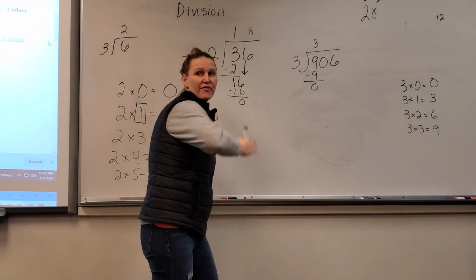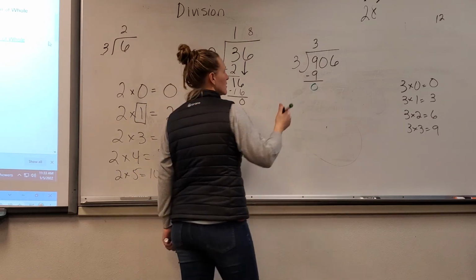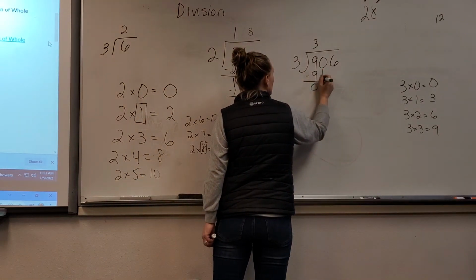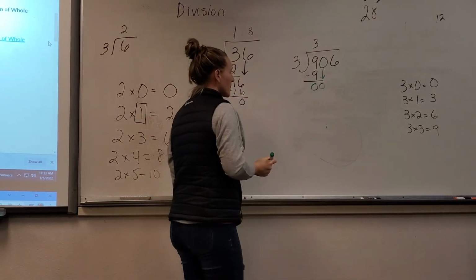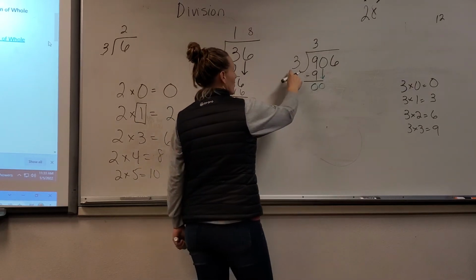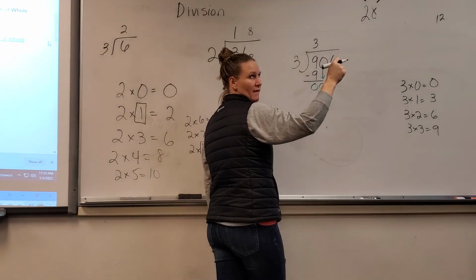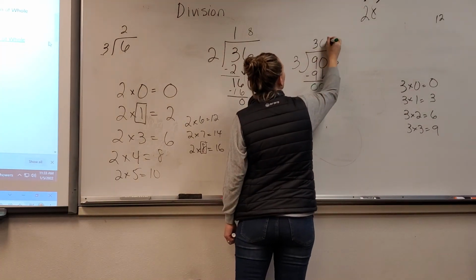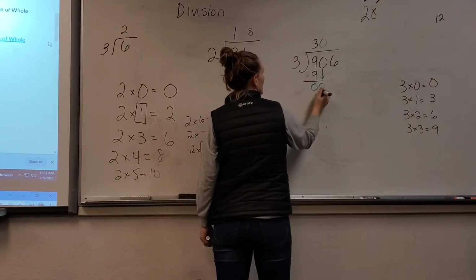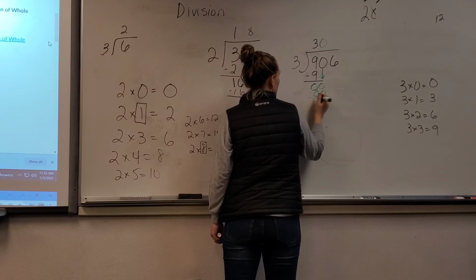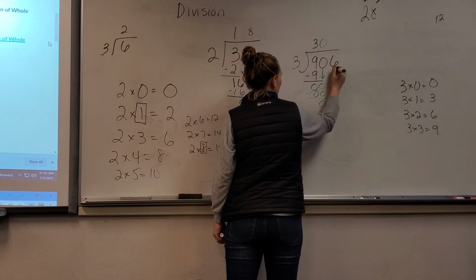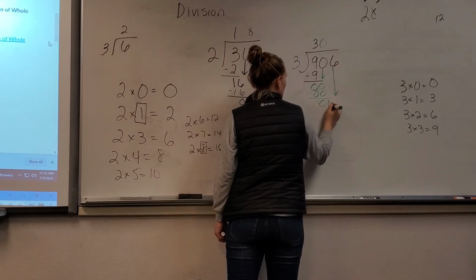So I bring down the very next number, which is 0. So now I have to multiply 3 by something and get 0. So 3 times 0. 0. Fantastic. I subtract. I bring down the next number, which is 6.